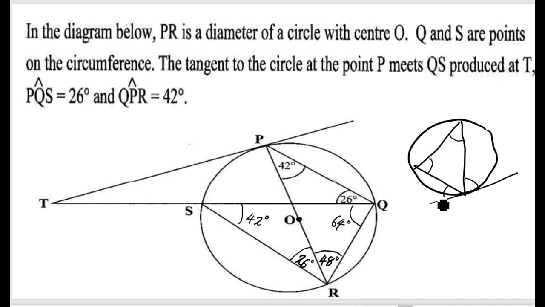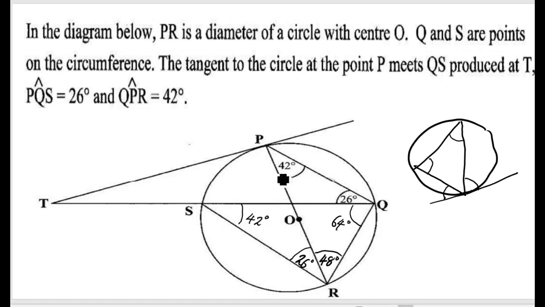But the triangle inside the circle must be a cyclic triangle, which simply means that all its three corners, or all its three points or vertices, must touch the circle.